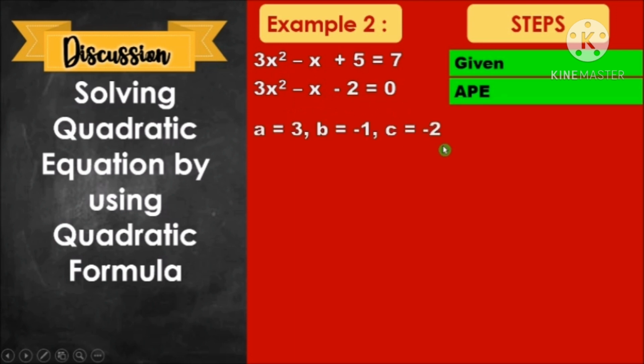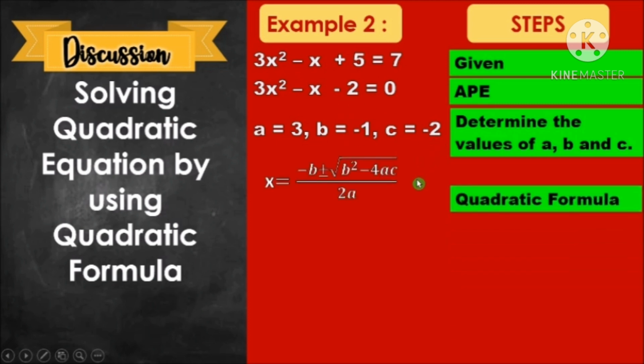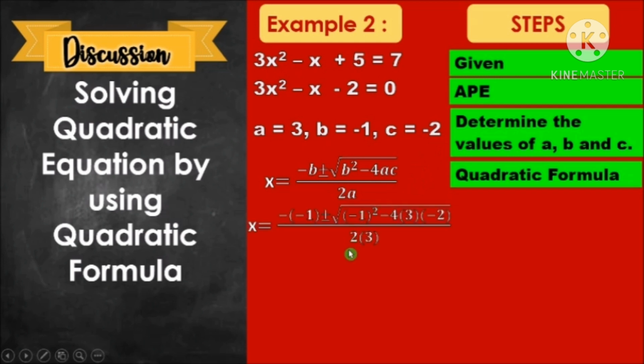Given this, we can now determine the values of a, b, and c. A is 3, b is negative 1, and c is negative 2. Then copy the formula and substitute.